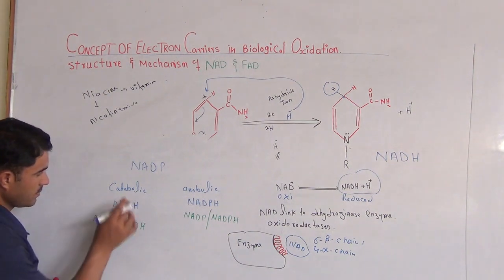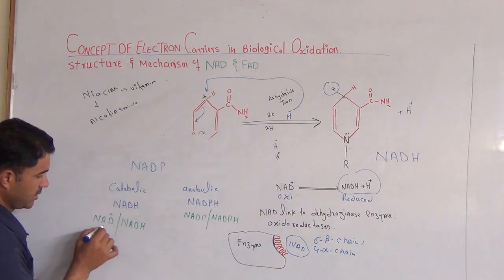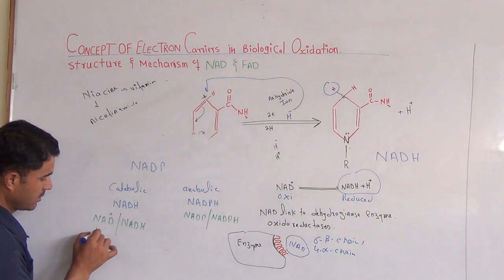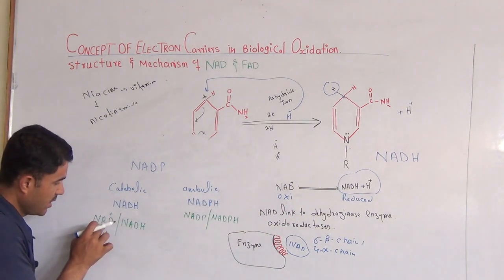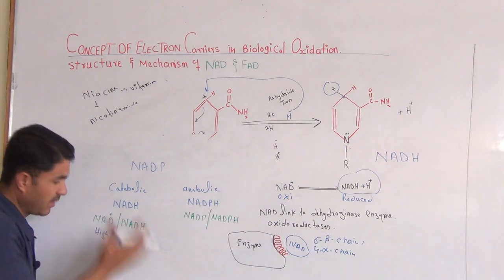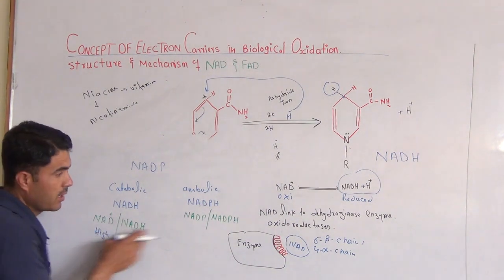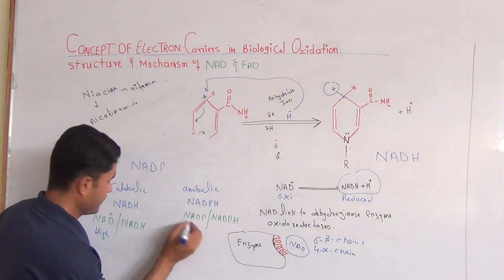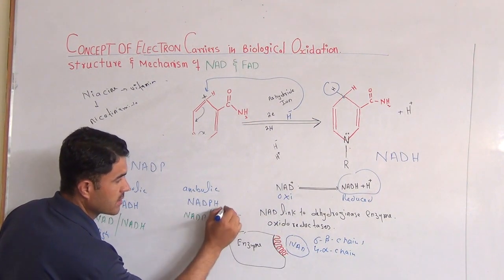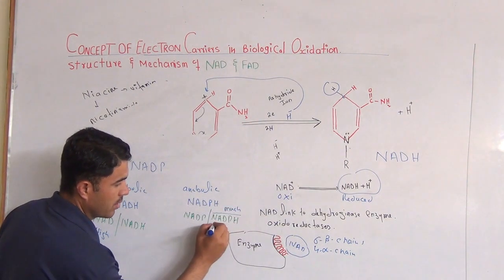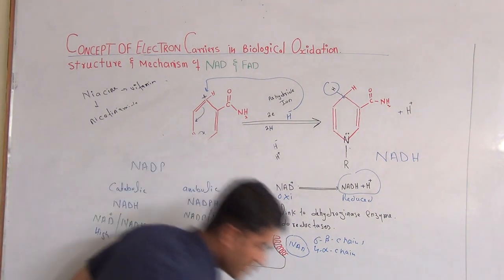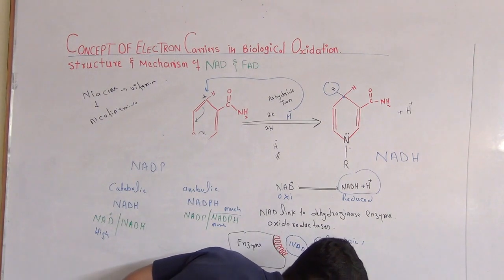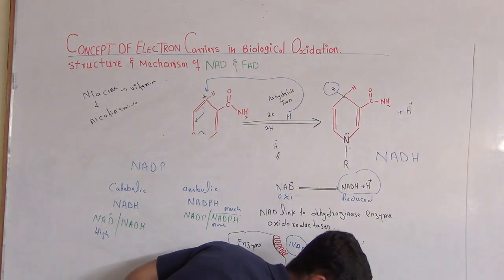Here in catabolic reactions the NAD ratio is high as compared to NADH. This oxidized form is much more than the reduced form, but in anabolic reactions the reduced form is much more as compared to the oxidized form. So this is one thing that I discussed with you.